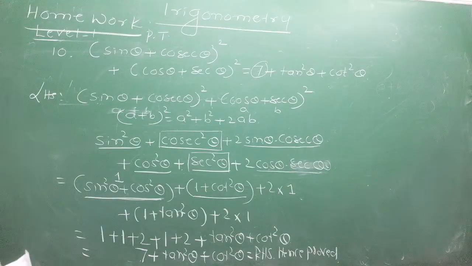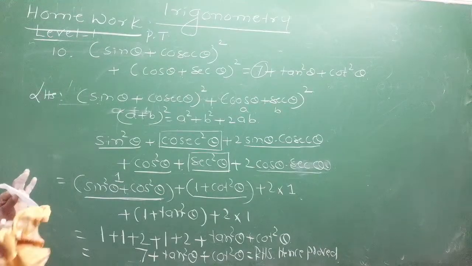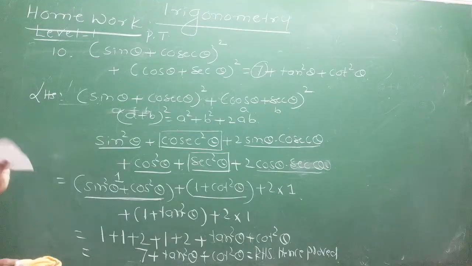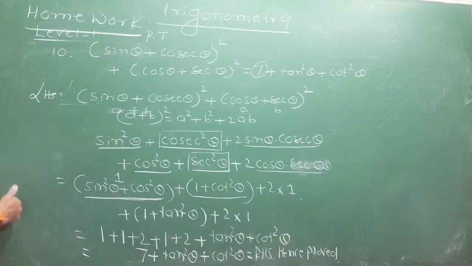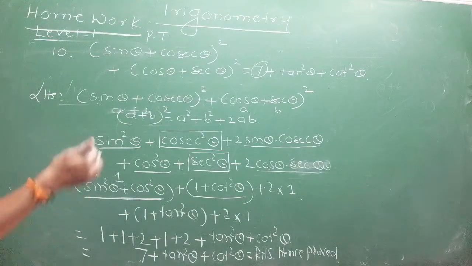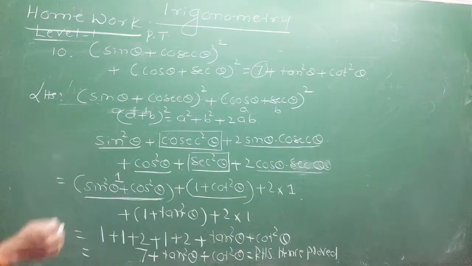Clear? Any doubts in this? Very good. Those who could solve it, and those who cannot, don't lose heart. I told you the steps. Collect all 32 to 33 identities I listed in my previous video. List them on a small paper. Learn them by heart regularly. Memorize them.